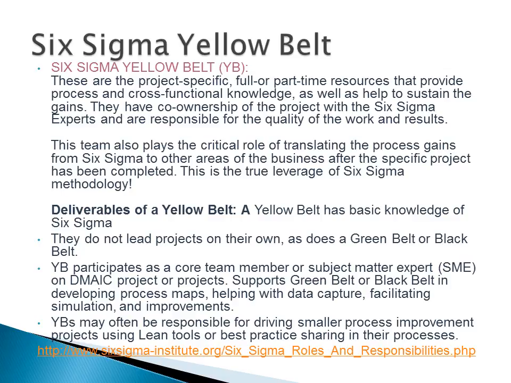They are truly going to help you to move the project in the right direction. They also are going to help be the advocates out when they return to the front lines of having others adopt the process. So they're going to have basic knowledge of what Six Sigma is. They don't do the lead. They're just more in a supportive role, but they're working under direction of the green belt and black belt.